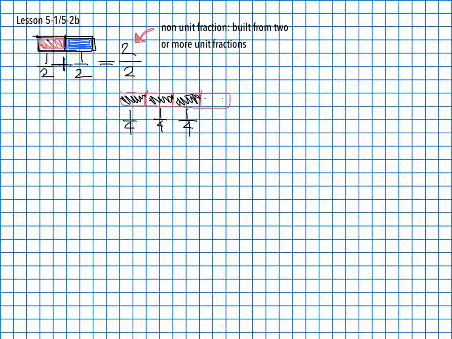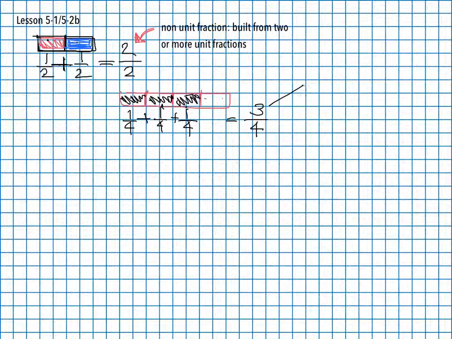But if I ask you what portion of this rectangle is colored in, you're going to take these ones and add them together. But notice, boys and girls, how many fourths? Well, the language, or the denominator, is going to stay the same. But the numerator, one chunk, 2 chunks, 3 chunks, 3 out of the 4 are colored in.